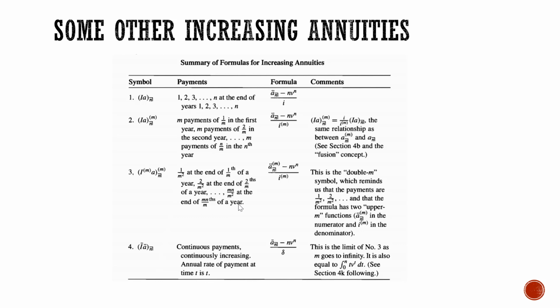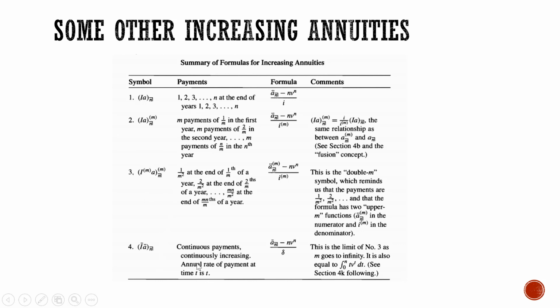The first term we pay 1 over m squared, the second term we pay 2 over m squared, to the last term of the year, we pay 1 over m, and then continue for the second year. The double dot m symbol would remind us that the payments are 1 over m squared, 2 over m squared, and so on. But usually on the exam, we don't see this annuity regularly. So you should learn it, but it's not really important.